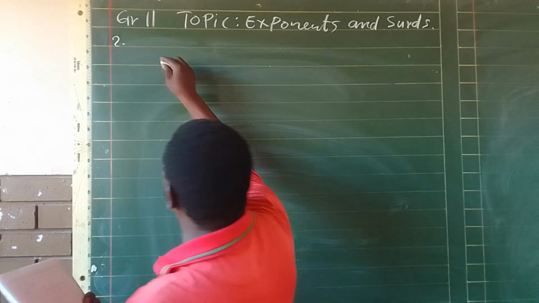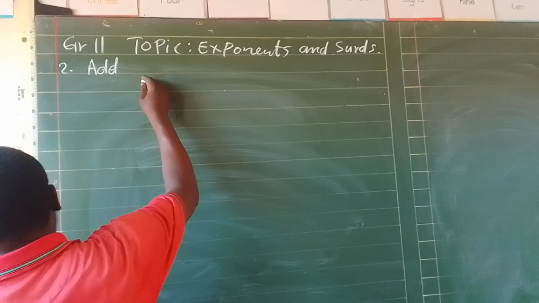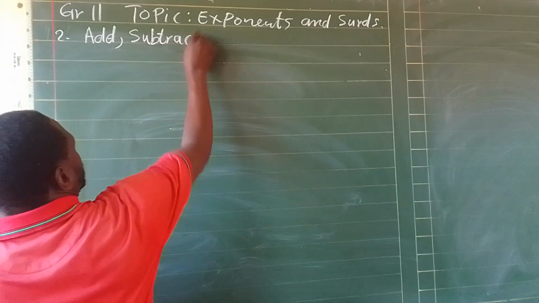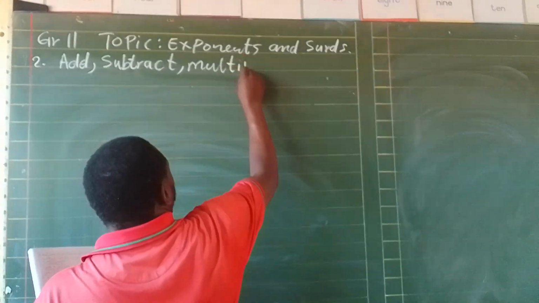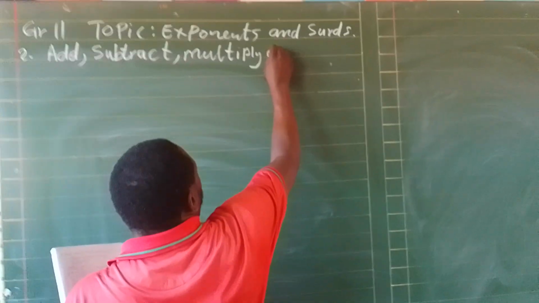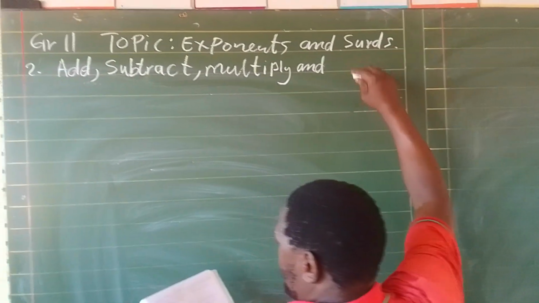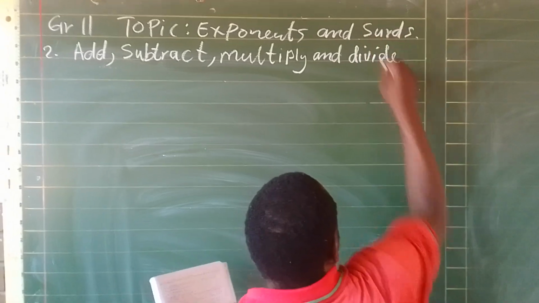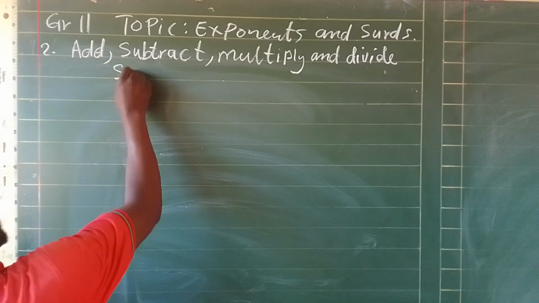Number 2 says add, subtract, multiply, and divide simple surds.